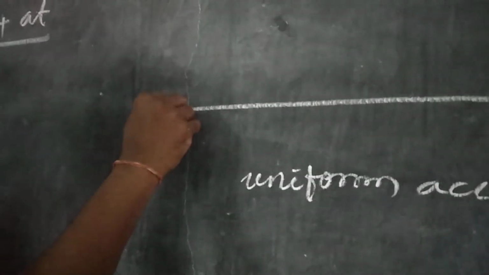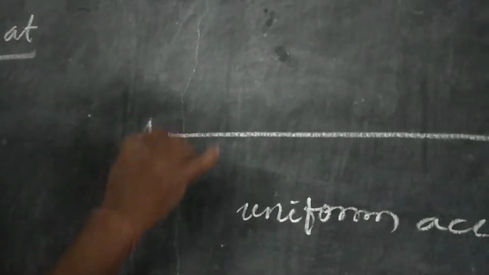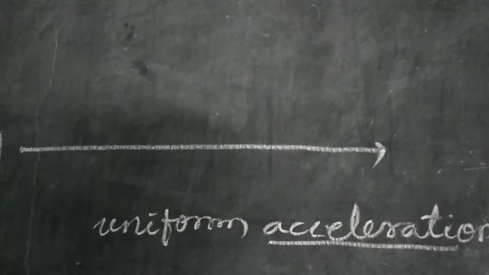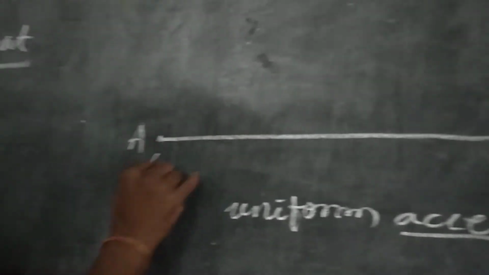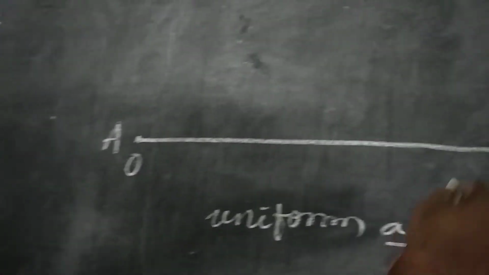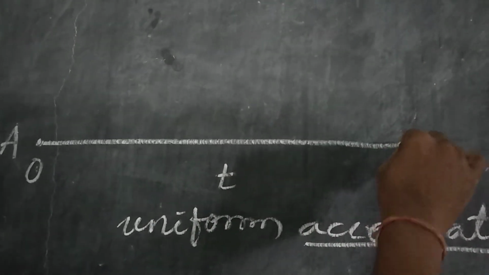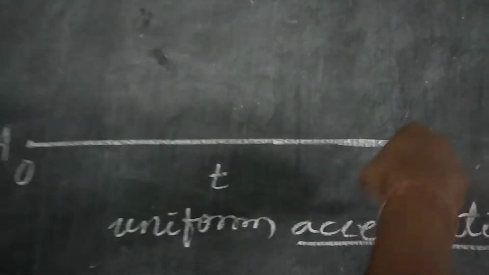Suppose the body is starting from this point, moving from 0, and after time t the body has moved towards this side.